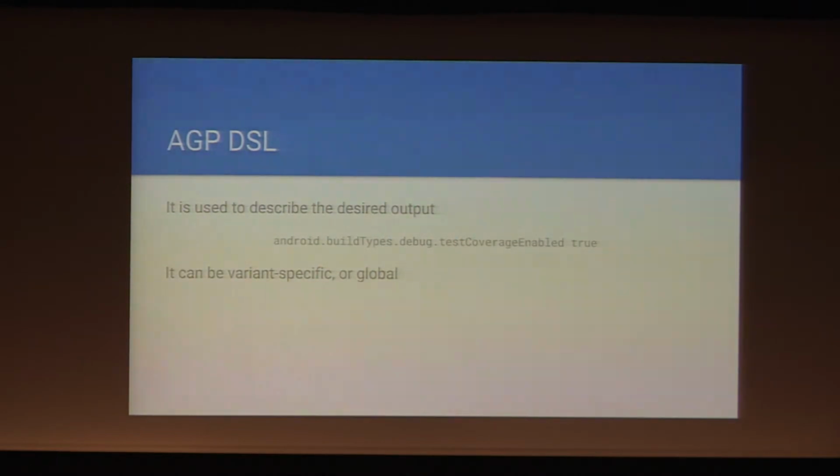So for instance, the one that I mentioned, the test coverage enabled, is just going to enable the test coverage only for the debuggable variants. Here you can see I'm referring to this as variant specific, but in essence it is an entire category of variants. So all of the debuggable variants are going to have Jacoco task running for them, while the non-debuggable ones are not going to have it. So there is no way to clearly specify a single variant that's uniquely identified with all of its build types and all of its product flavors.